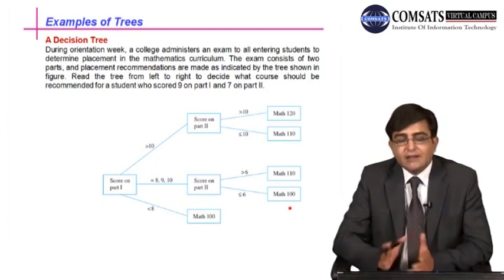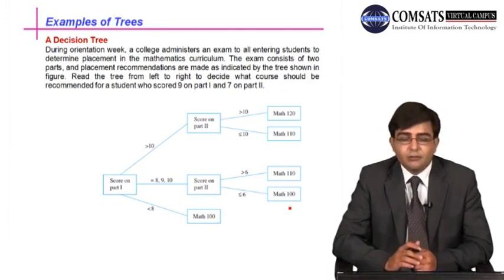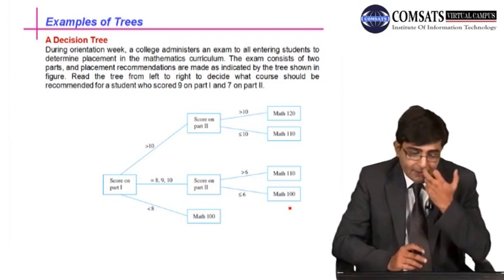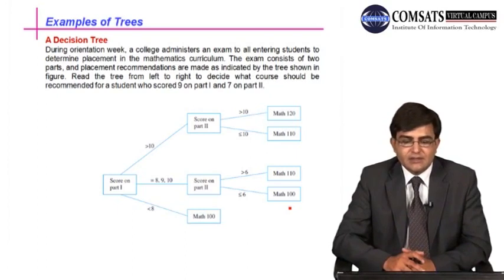There are practical examples of trees, where we can use trees in solving problems of daily life. An example of this is the placement tree. You can find some other examples in the book of Discrete Mathematics by Rosen.